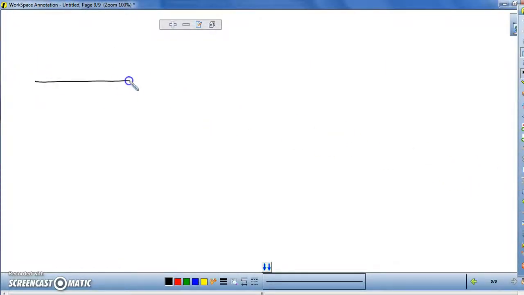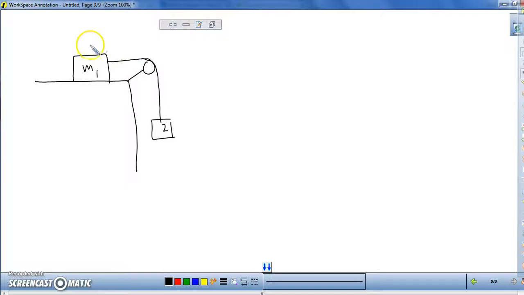So let's say we have the same setup with the pulley. We have the object hanging, M2, M1, but now let's say we have friction. How does this look now?